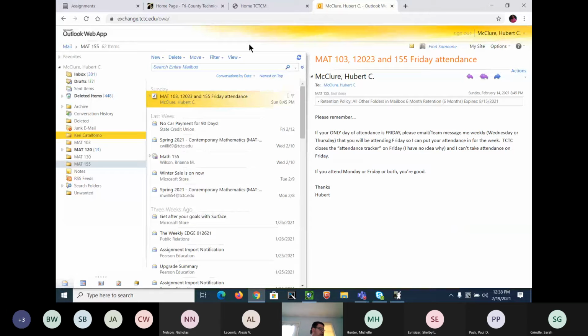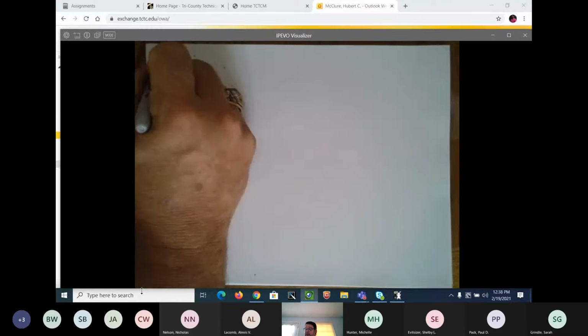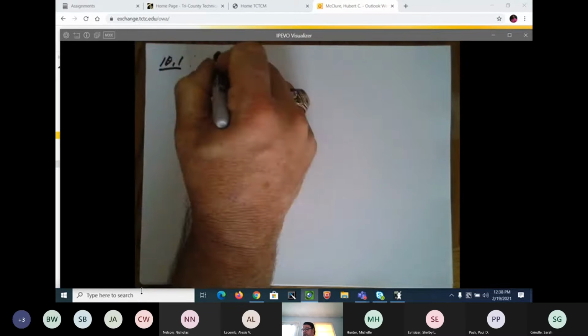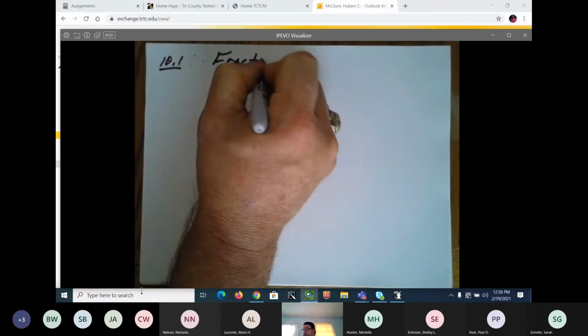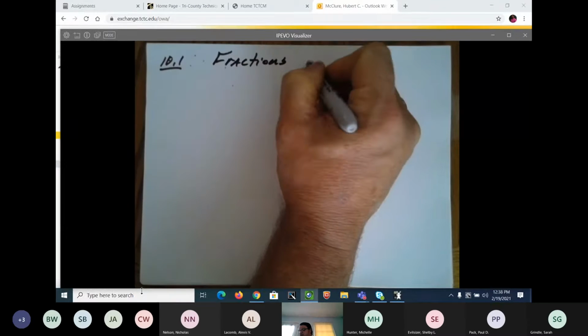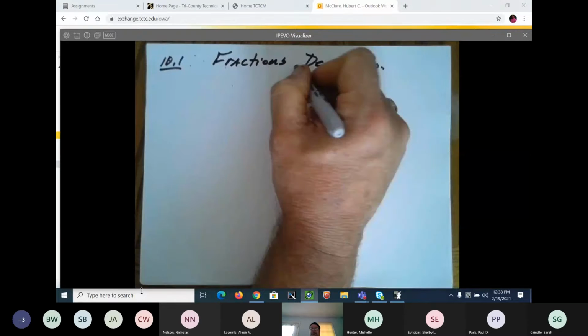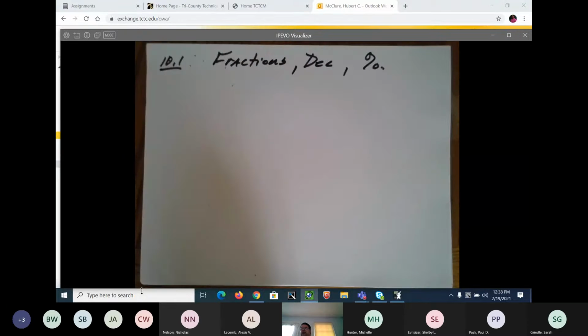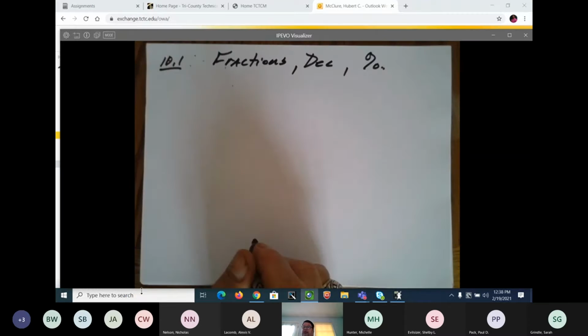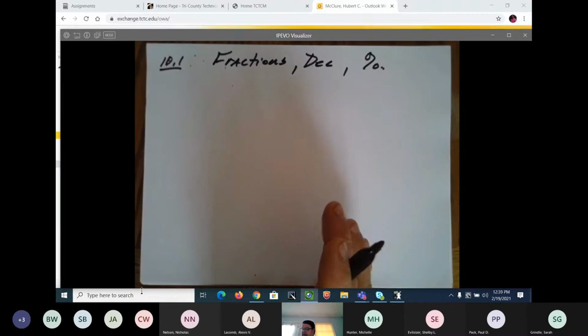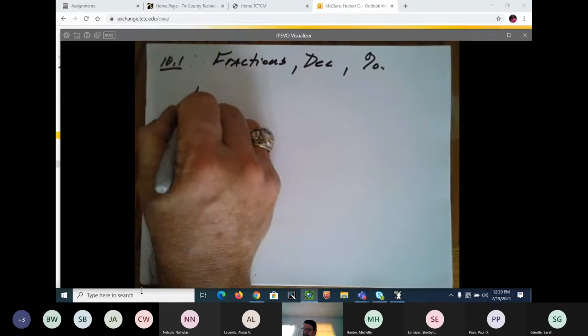Now, 10.1 is very simple. Fractions, decimals, and percents. I'm not going to spend a lot of time on doing transitions from fractions, decimals, and percents. 1/5.